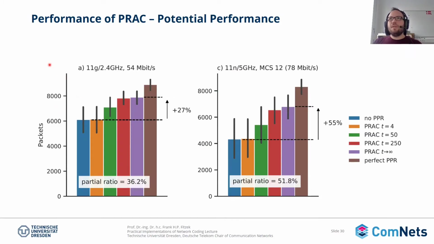And then we wanted to evaluate, as I told you, what is the potential performance that PRAC can have. One of the limitations of PRAC, as you saw, is that the correction involves a brute force. It brute forces bit flips in order to correct the CRC.